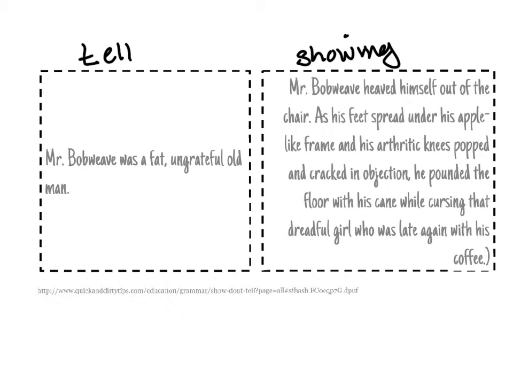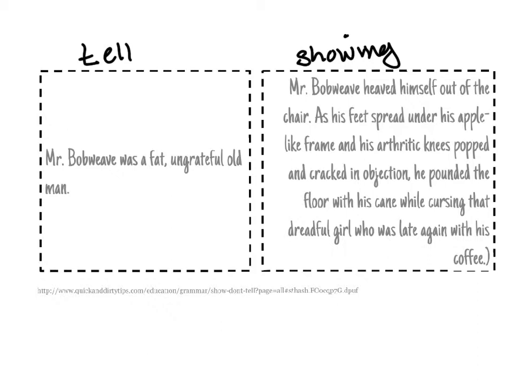He pounded the floor with his cane while cursing that dreadful girl who was late with his coffee. Oh, he's upset because this girl who was bringing him coffee, shouldn't he be thankful coffee's getting brought to him? But instead, he was just so upset by it that he was like, oh, that silly girl, where is she? He's complaining.